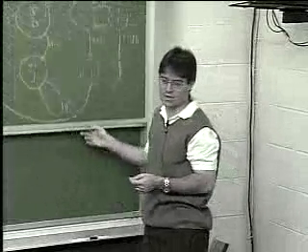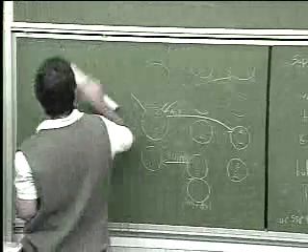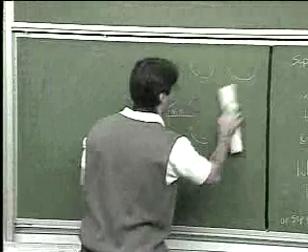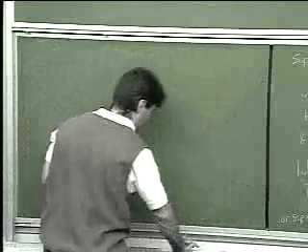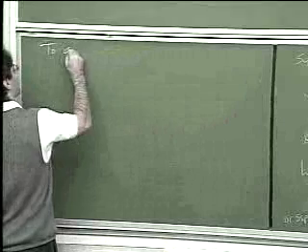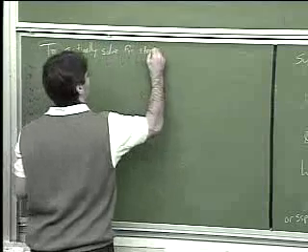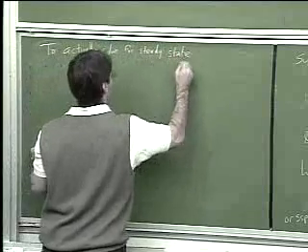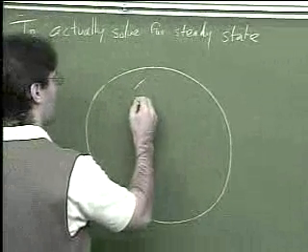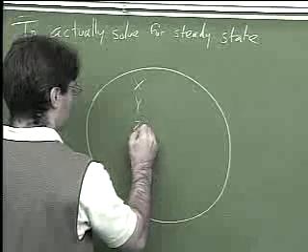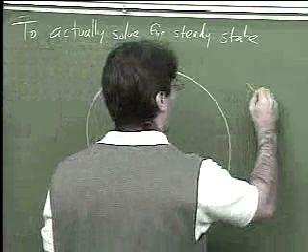But if I really wanted to solve for the steady state of the problem I was talking about, I would need a state that keeps track of a lot of information. So I would need X, Y, Z, and S.